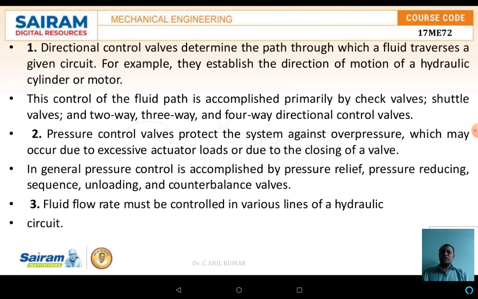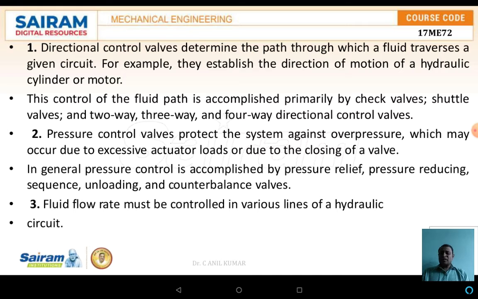The directional control valve determines the path through which the fluid travels in a circuit, for example, to establish the direction of motion of the hydraulic cylinder or the motor. This controls the fluid path primarily by check valves, shuttle valves, and the two-way, three-way, and four-way directional control valves.